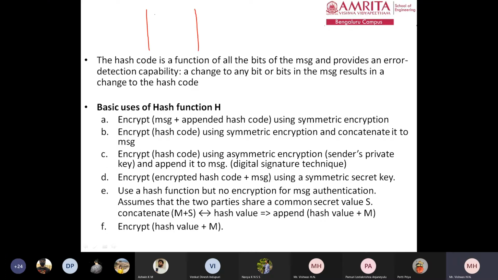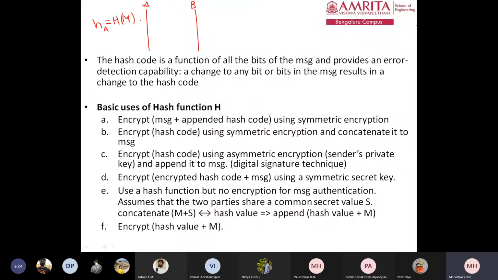Okay, whatever diagram I write, it's better if you also copy it, students. I have a user A and I have a user B. User A wants to send data to B. A has a message, and that message is given to a hash function, which will generate a hash code of A. Let me draw it like this.